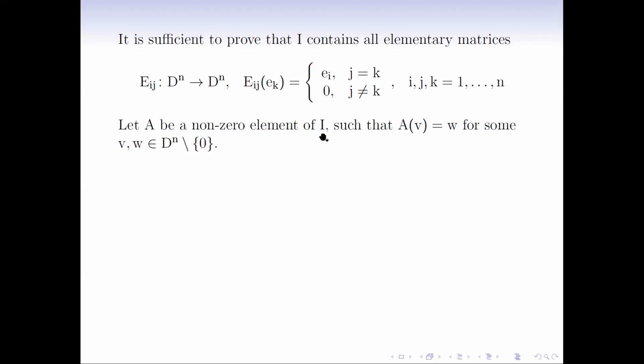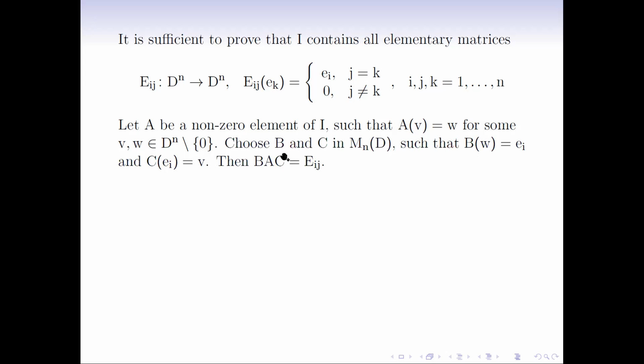Let A be a non-zero element of I. Then Av equals w for some non-zero vectors v and w. Right, so there's some non-zero vector v such that Av equals w, and w is not zero either, if A is not zero. Let's choose B and C inside M_n(D) such that Bw equals e_i and Ce_j equals v. Then it's easy to see that the composition BAC equals E_ij.